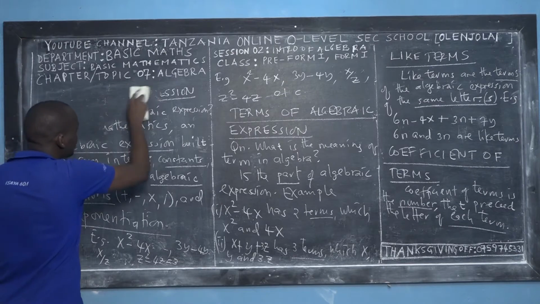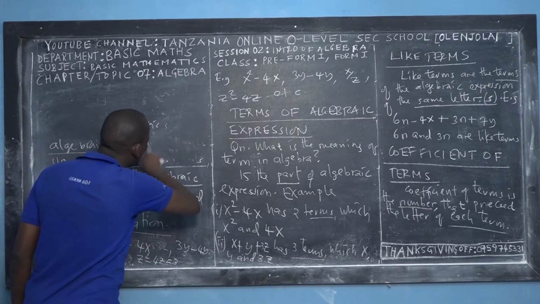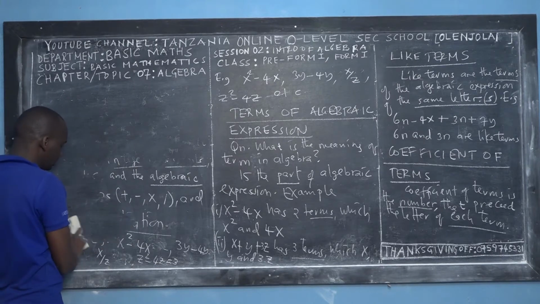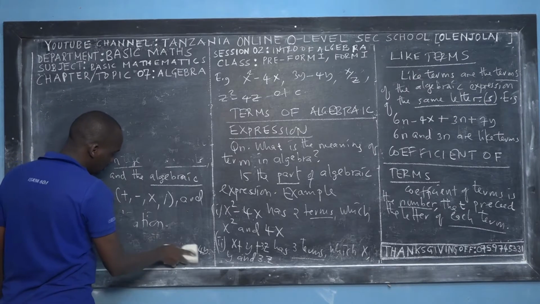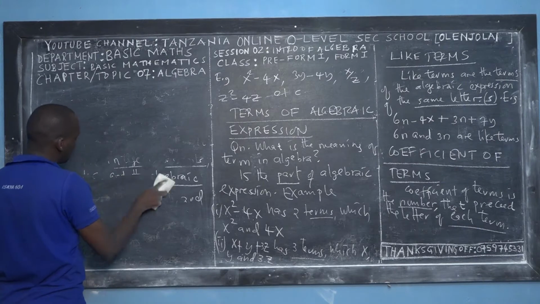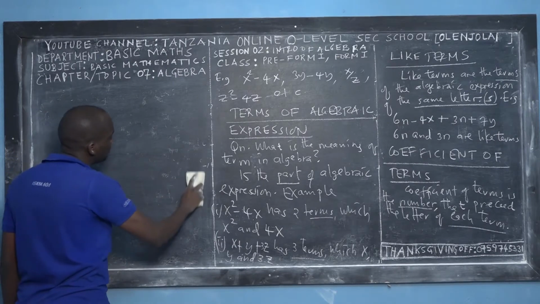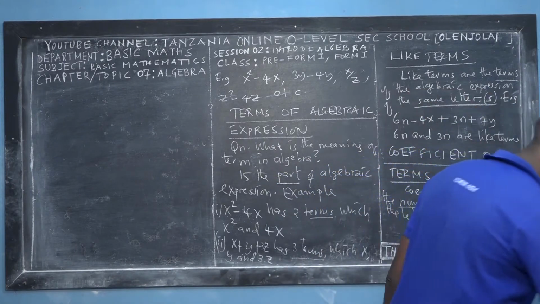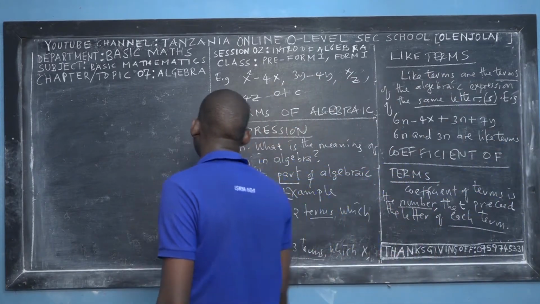Okay, fine. Let me give you an example of how you can see the coefficient. Kwa nikupe mfano wa jinsi gani ambavyo tunaweza tukaona coefficient ya term katika mlinganyo wa algebra. Okay?